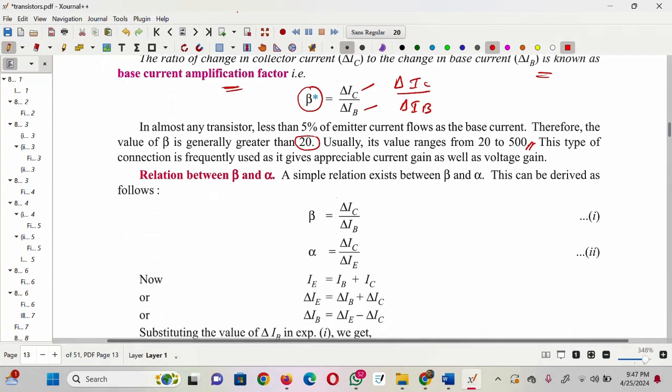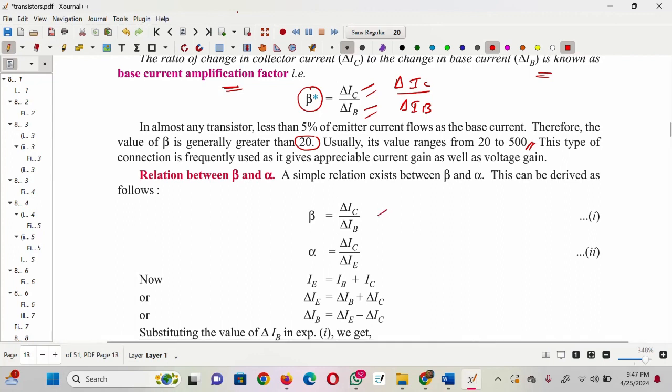Then the relation between beta and alpha is also a very important thing. See here, alpha equals del IC by del IE. Beta equals change in collector current by change in base current. Alpha equals change in collector current by change in emitter current. Now everyone knows IE equals IB plus IC, base current plus collector current.